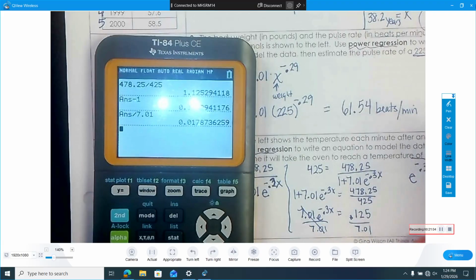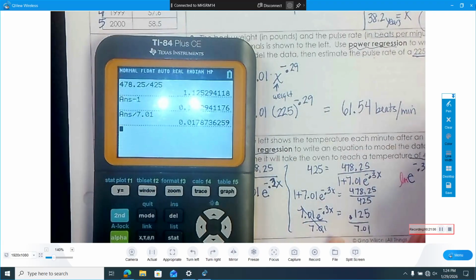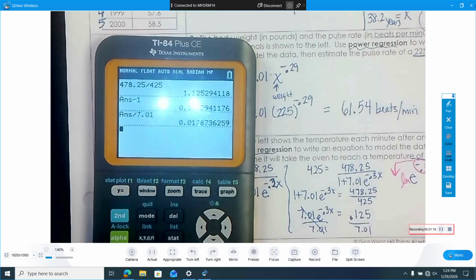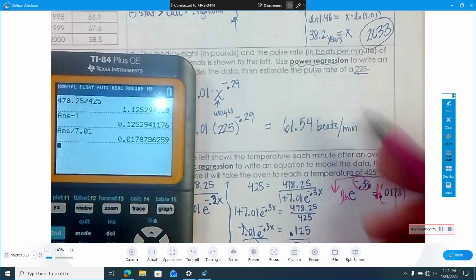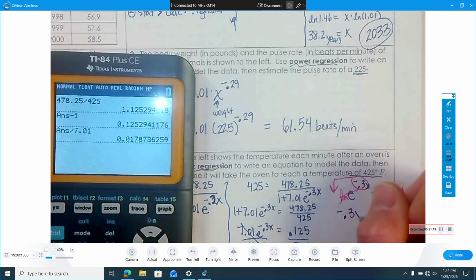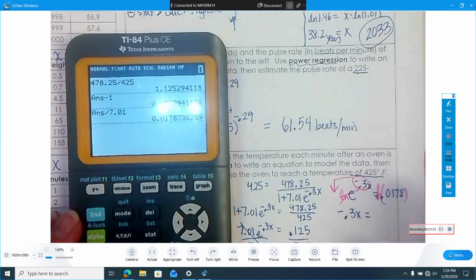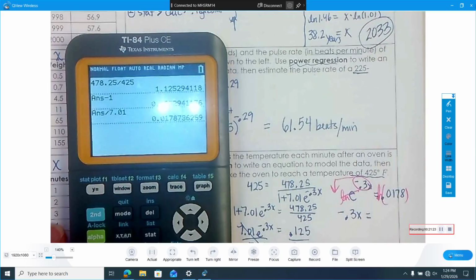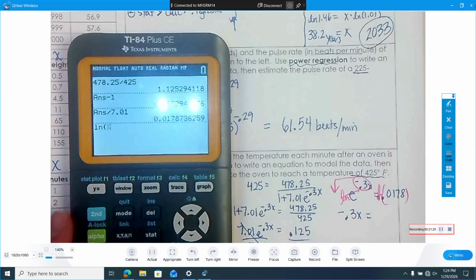Okay. And then what should we do? Natural log. I'm going to take a natural log of both sides, and my power is going to drop in front. What happens to the natural log of e? It's 1, so that goes away. So I get negative 0.3x equals the natural log of that. I'm going to do natural log of my answer so that I'm pulling in that whole decimal.